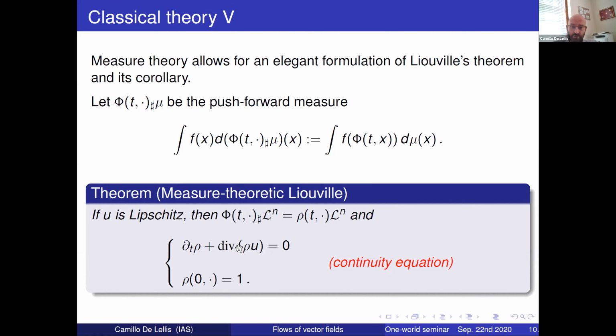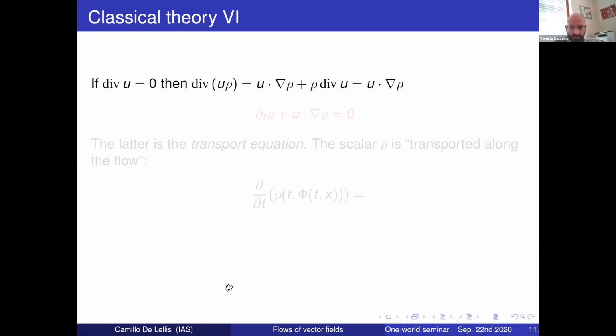And this density satisfies a partial differential equation, which is called the continuity equation, and which I've written over here. So the time derivative of rho plus divergence of rho times U is equal to 0. And of course, at the initial time, since phi is the identity, the density rho is equal to 1.